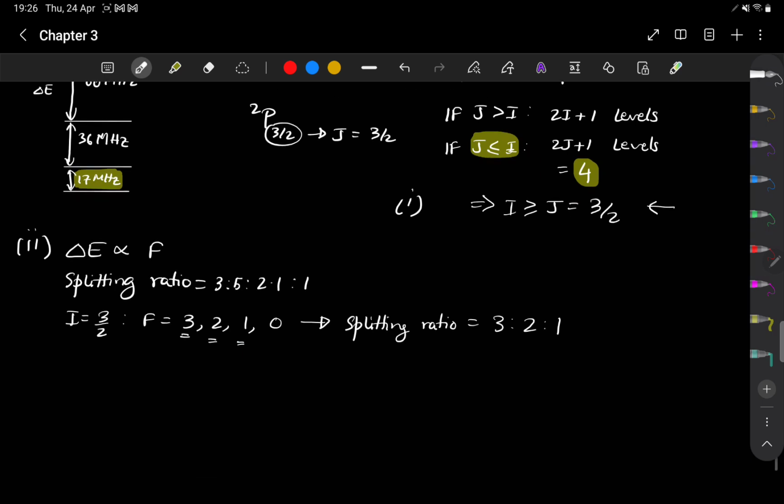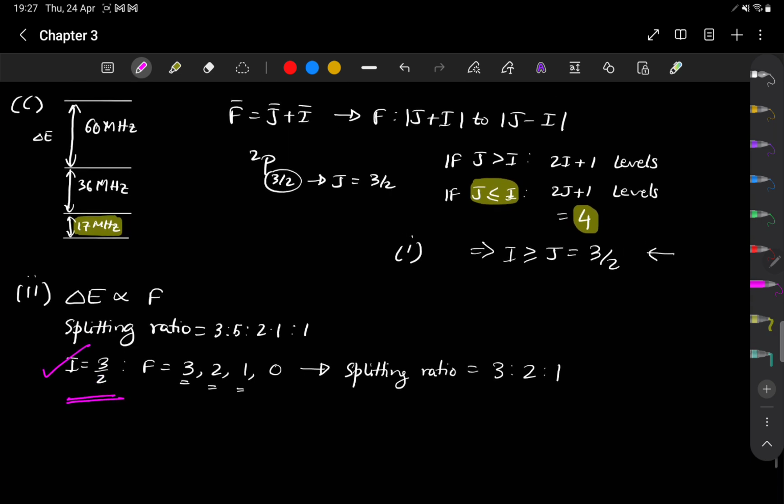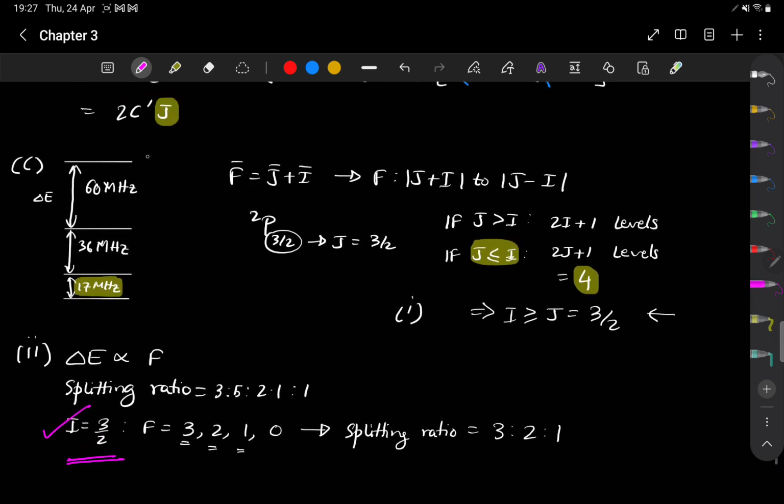That's the ratio, and you see that this matches quite well with the experiment, 3.5:2.1:1, with just a slight error. So in our case, I equals 3 by 2 actually fits really well. I can say I is equal to 3 by 2, and then label these as F equals 3, F equals 2, F equals 1, and F equals 0.